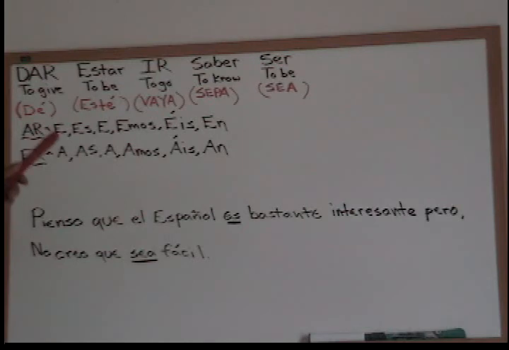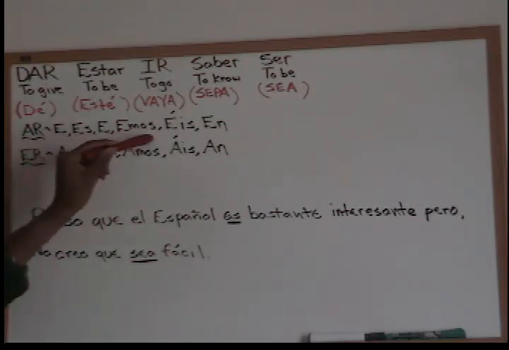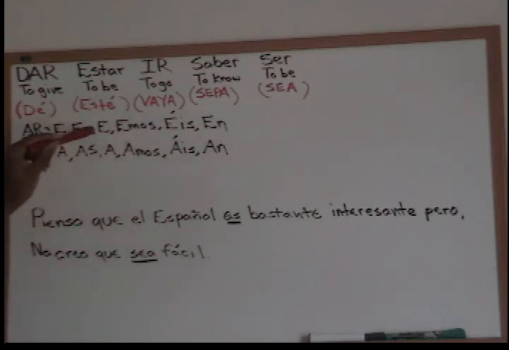So I've been working on these irregulars, and here are two rules to remember, even if these words aren't irregular. You have the AR infinitives and the ER infinitives, okay? If it's an AR infinitive, then here are the changes for those words.